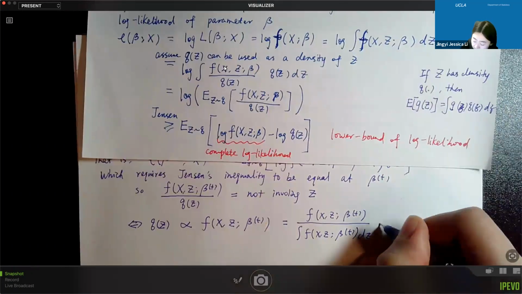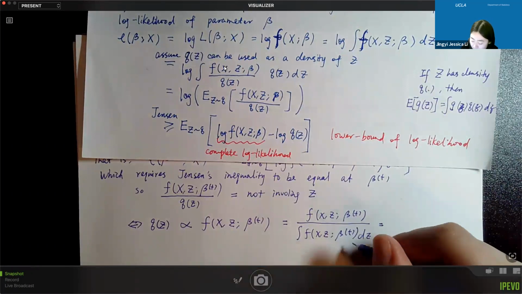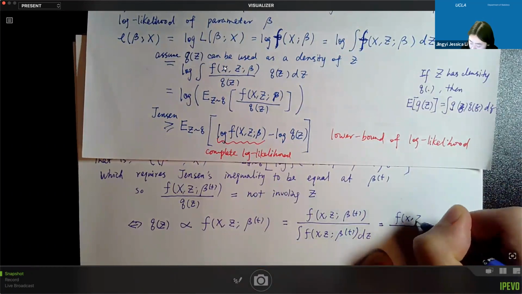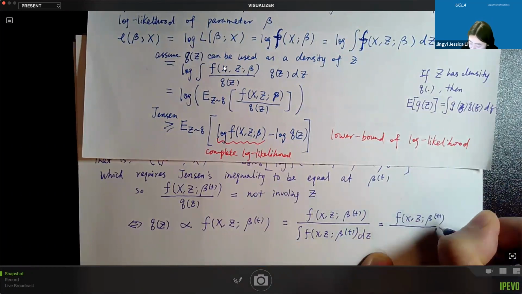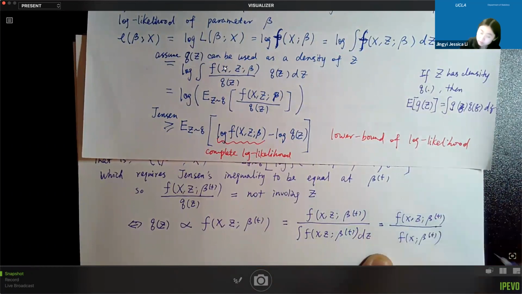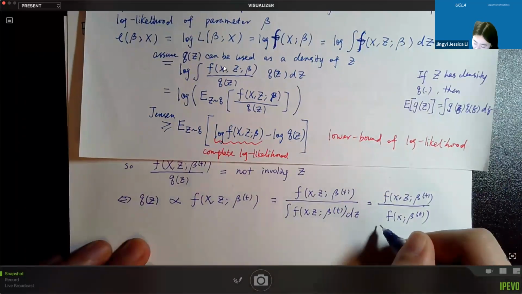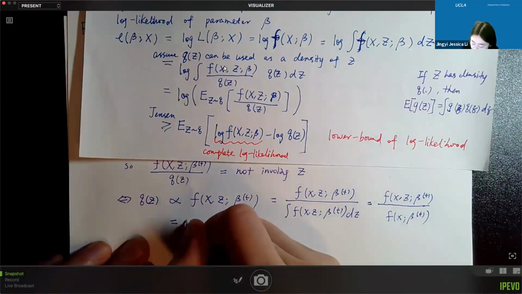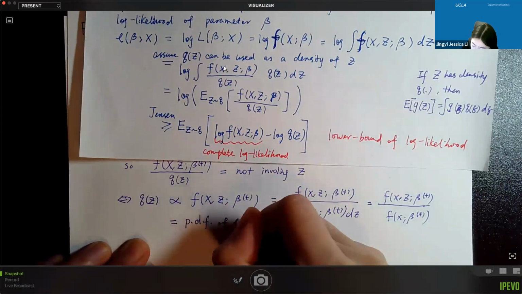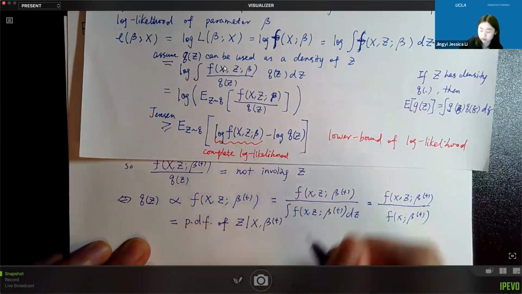So basically, this is the joint density f(x, z, beta t) divided by the marginal density f(x, beta t). So this part is exactly the probability density function of z given x and given the current value of beta t.